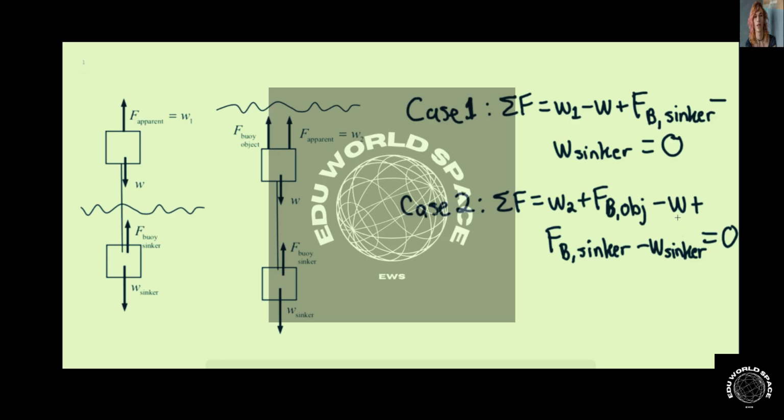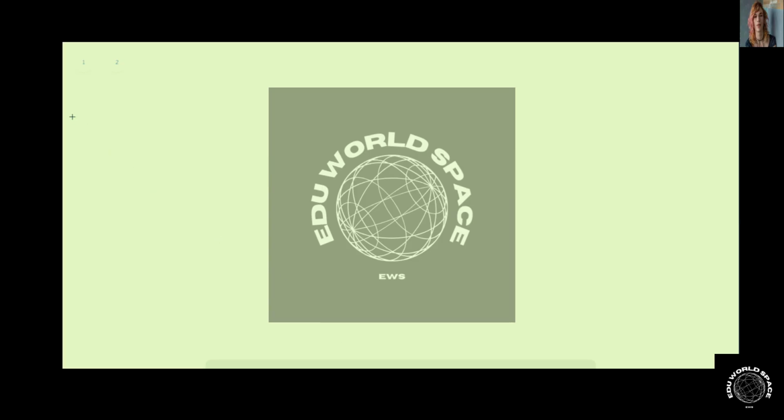So since both add to 0, we can equate these two equations and say that then the buoyancy force of the object would be equaling the volume of the object multiplied by the density of water times g.